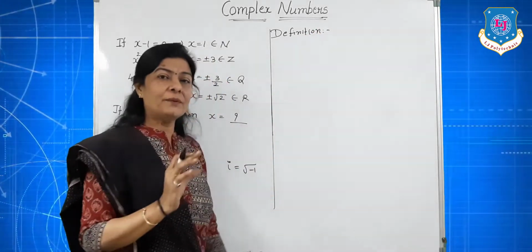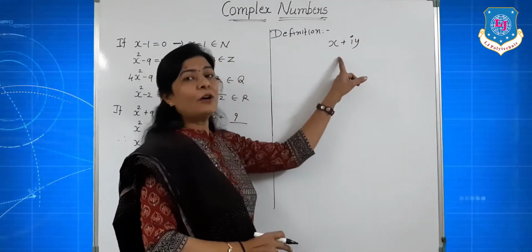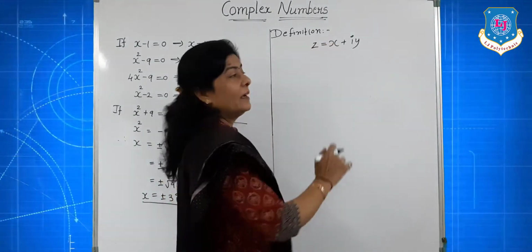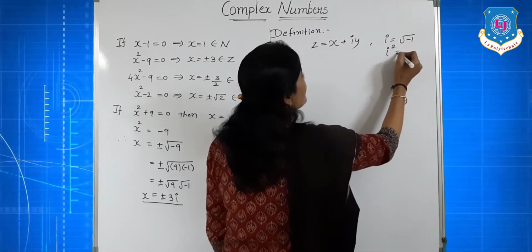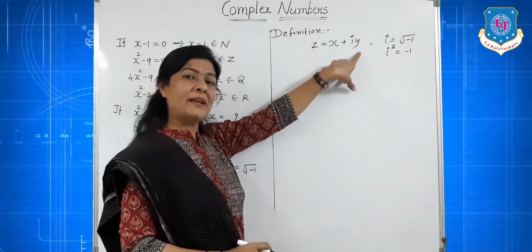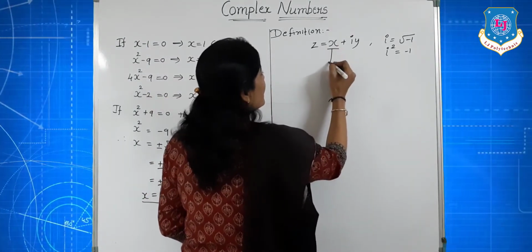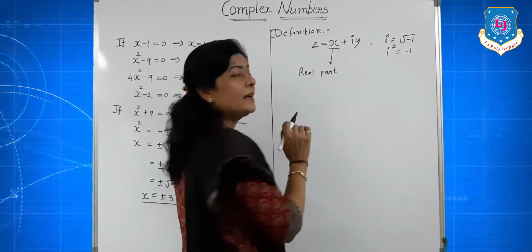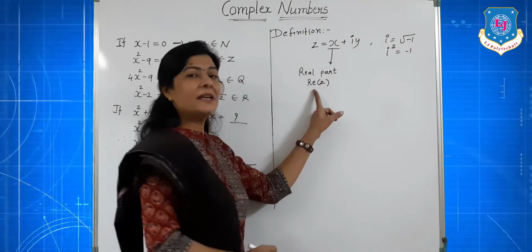A number of the form x plus iy is called complex number and is denoted by z, and the value of i is square root of minus 1, means i square is equal to minus 1. z is equal to x plus iy is a complex number. Here x is the real part of z and that is denoted by Re, means real part of z.